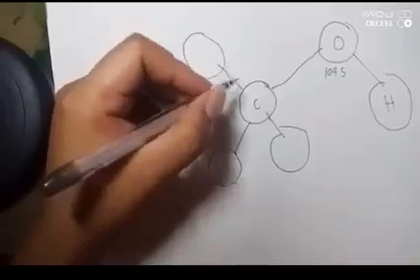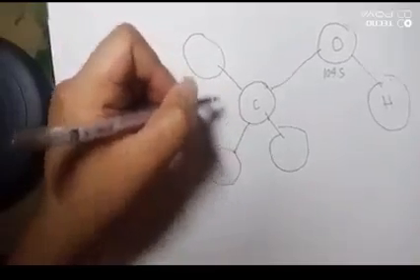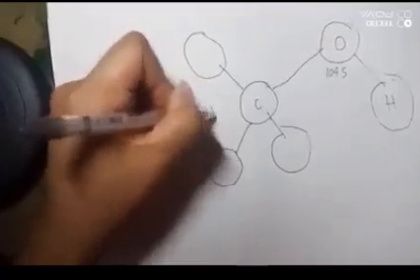And the bond angle of hydrogen to the carbon atom is 109.5 degrees.